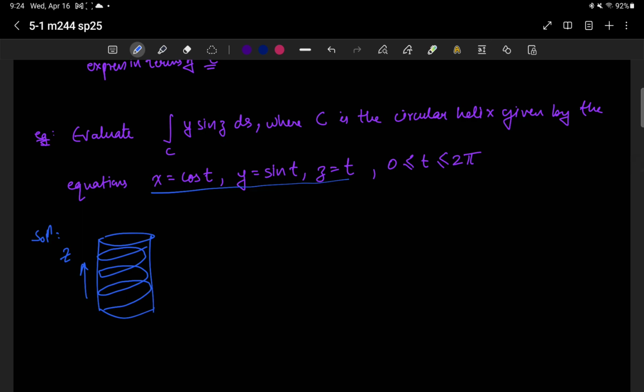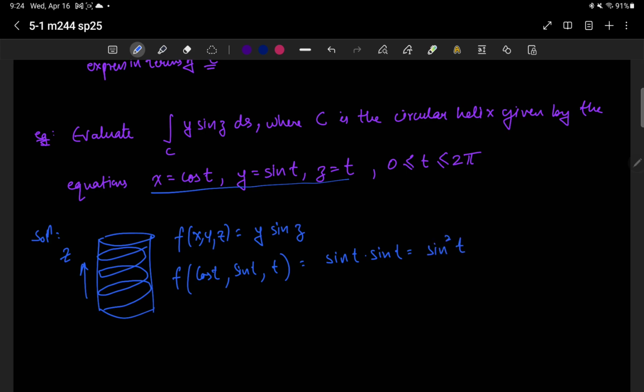Right, so according to what we had above, all we have to do here is rephrase. So we have y sine z. In terms of the parameters, which is cosine, sine, and t, this simply becomes sine t times sine t, which is sine squared t.